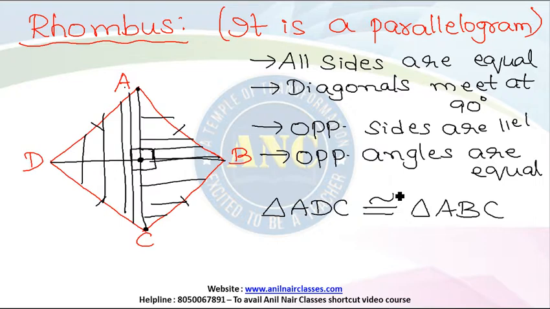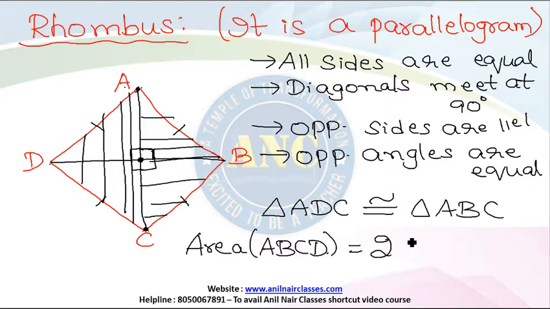That means the area of the entire quadrilateral ABCD is triangle ADC plus triangle ABC, but both are the same, so it is 2 times the area of triangle ABC. You can take any one of the triangles.